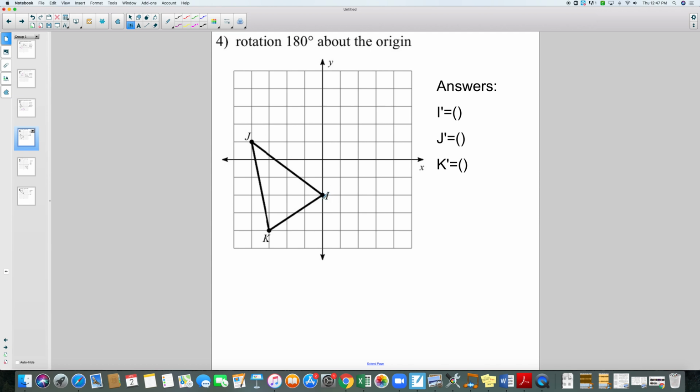Let's start with I. From our 0 point, we know that it is 2 away. The cool thing about 180 is to use it to your advantage. Let me write it down here.